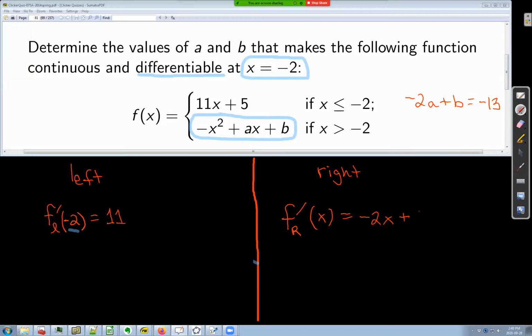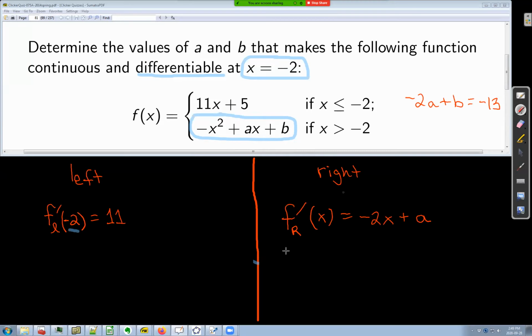So I'm going to have a times 1, and so we'll just write a. And then the derivative of b: b is a constant, so the derivative of b is 0, so I won't even write it down. All right, so there's the derivative from the right.